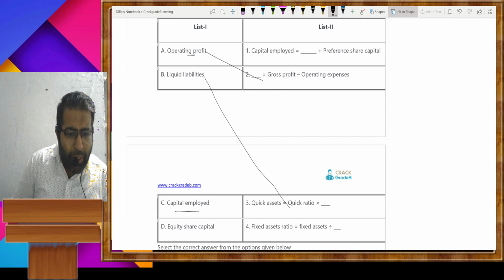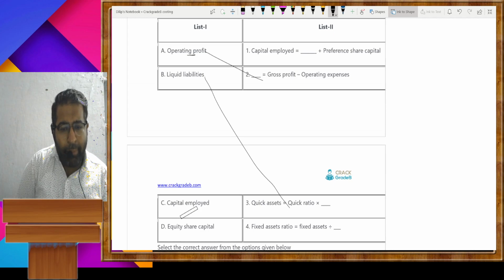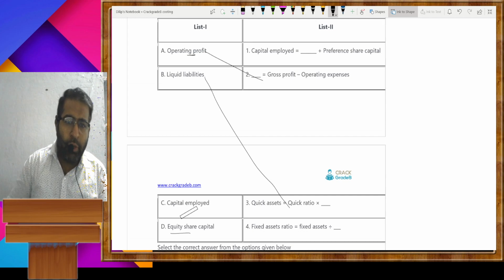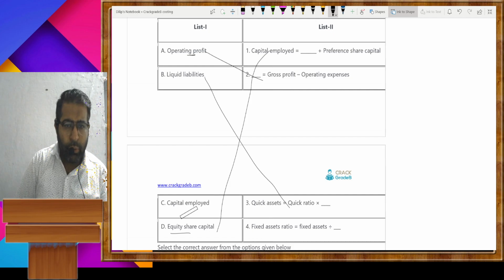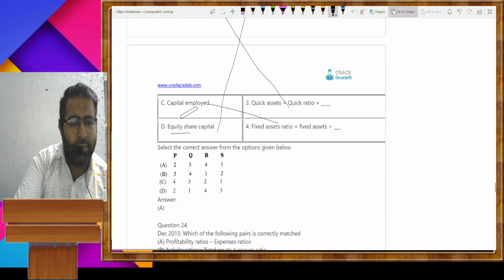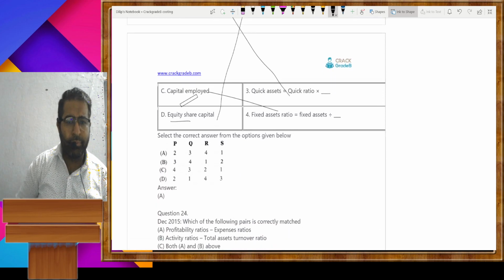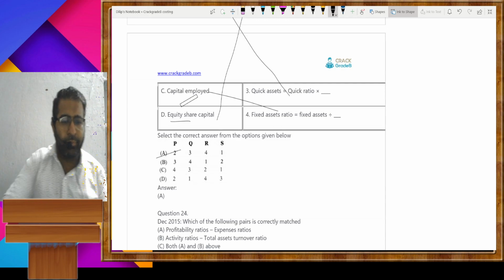Now capital employed, how we calculate capital employed, and what is the relation of equity share capital? Equity share capital relation with the capital employed, and capital employed is related with the fixed assets, and fixed assets divided by sales. Okay, so answer is absolutely right, this.